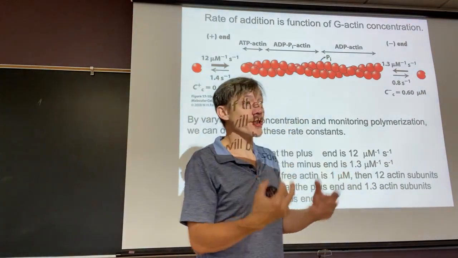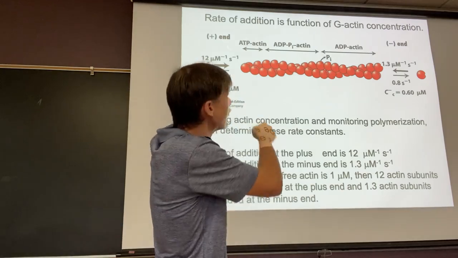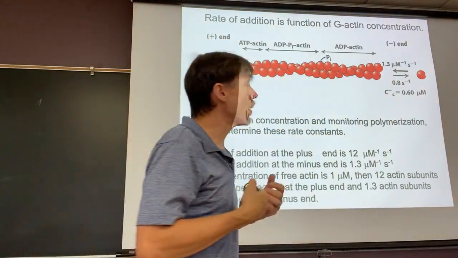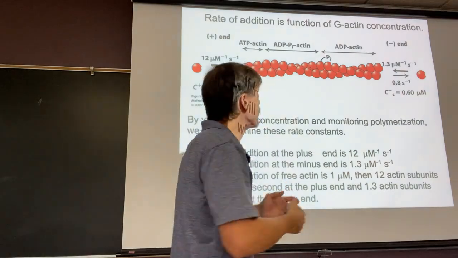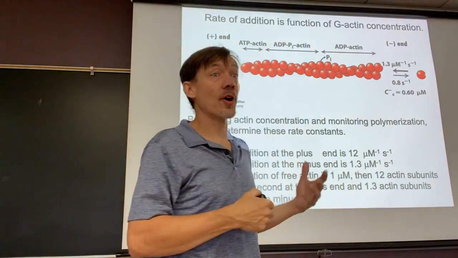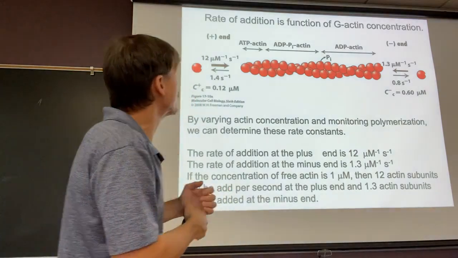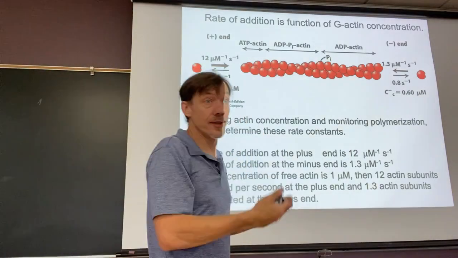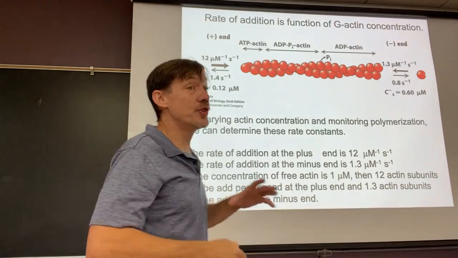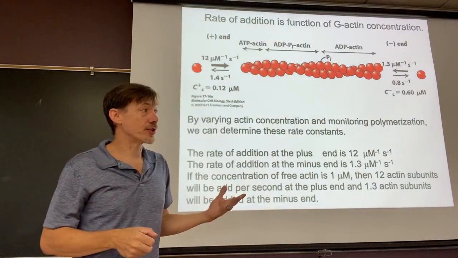So as we mentioned, the dynamics at the plus ends of actin filaments and the minus ends are different. And one of the major differences is how fast they assemble as a function of G-actin concentration. Another important idea is that the rate of addition is a function of G-actin concentration.